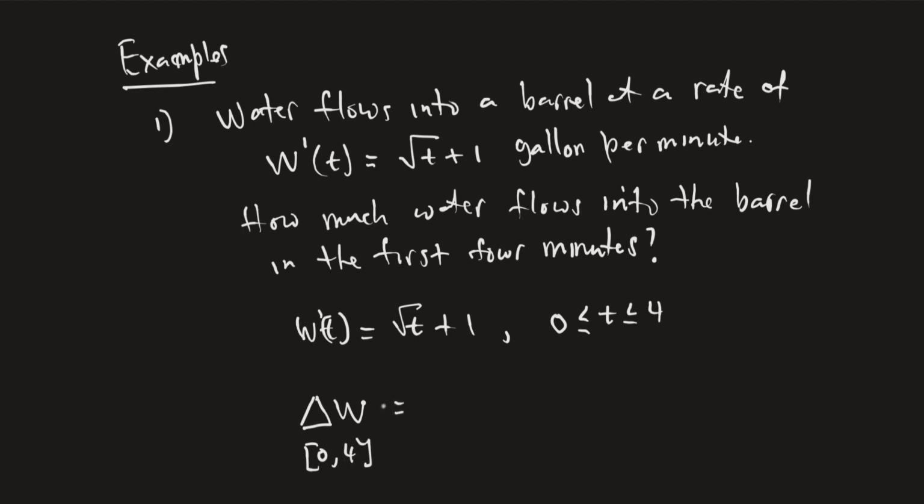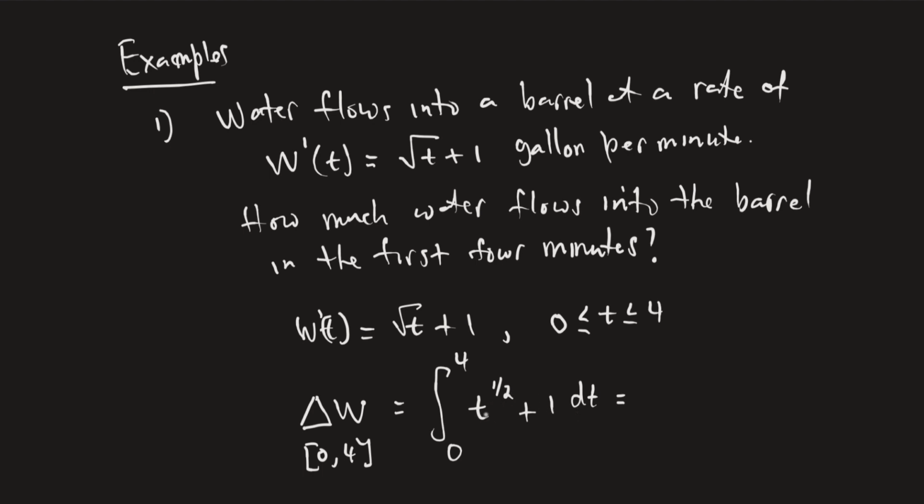And the key is that we now need a definite integral to compute this. So this is the definite integral from 0 to 4. I'm going to integrate this function, so I'm going to write it as t to the 1/2 plus 1 dt, and then again use our fundamental theorem.